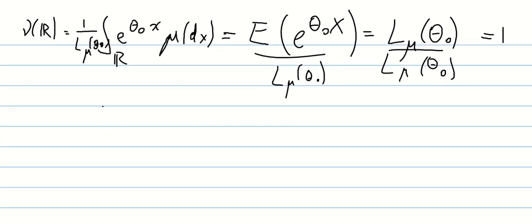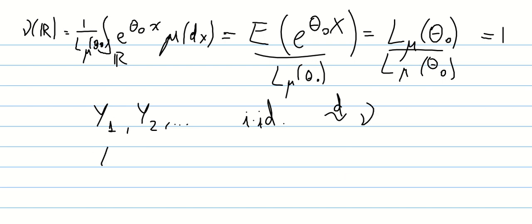And now, as promised, we say that y1, y2, and so on are IID random variables. They're all distributed as nu. And what's the expectation of y?